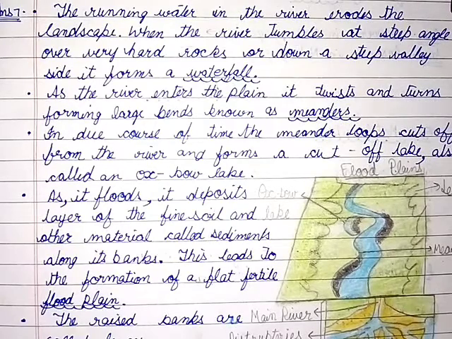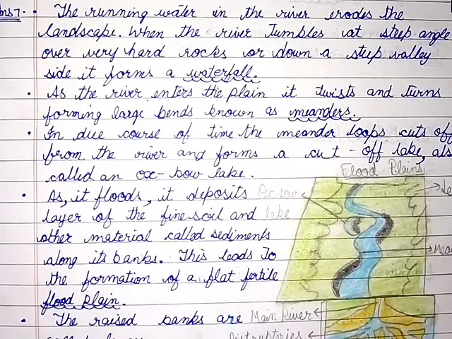In due course of time, the meander loops cut off from the river and form a cut-off lake, also called an oxbow lake.